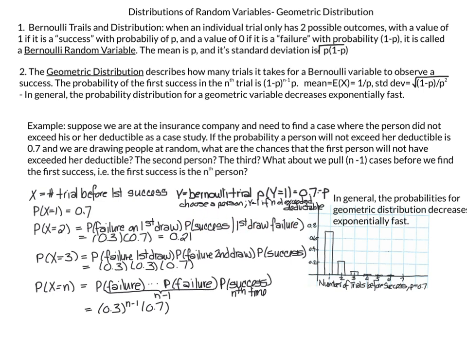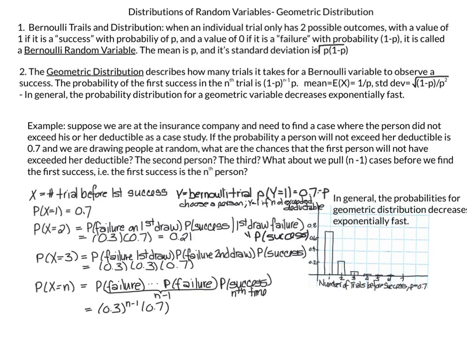So we have a failure followed by a success. The probability of failure is 1 minus success, or 0.3 in this case. Probability of success is 0.7. So the probability we have to draw two cases before we get a success is 0.21, or about 21%.